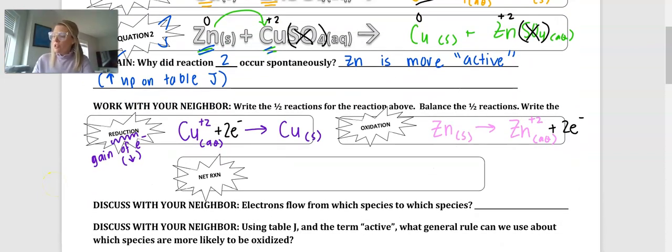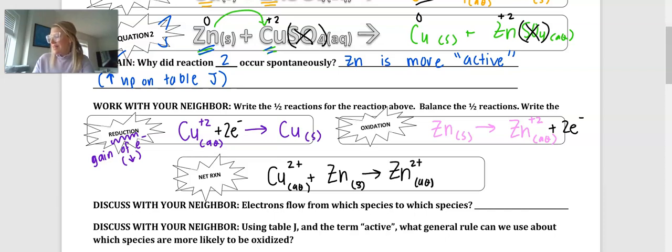Our net equation is going to be Cu2+ plus Zn, remember, let's keep our charge aqueous and solid, forming Zn2+ aqueous and Cu solid.